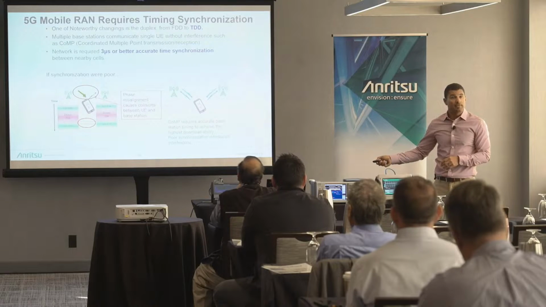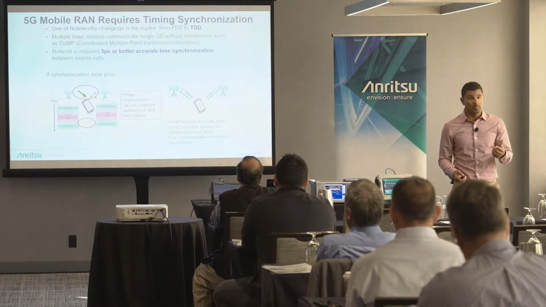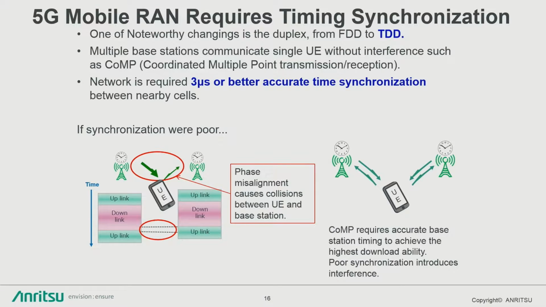So what happens here, and this is the example we're showing on the left, is if you don't have good synchronization between multiple sites, one site thinks you're supposed to be on downlink, the other site thinks you're supposed to be doing uplink at that same time slot. So what happens? You have a phase misalignment, which causes collisions. This is when you start dropping service, seeing degradation in your service, and seeing synchronization alarms.